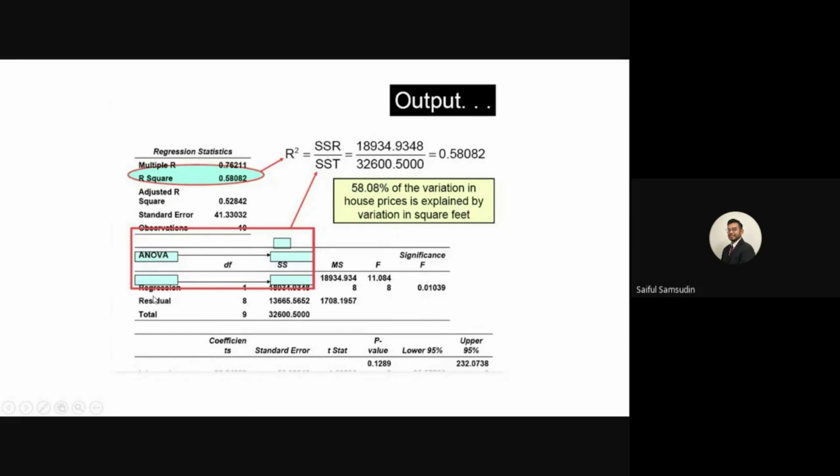So SSR, SS regression, 18934.9348, divided by SST, SS total, 32,600. We divide it and we get the R square value, 0.58, which means 58% of the variation in house price is explained by variation in square feet.